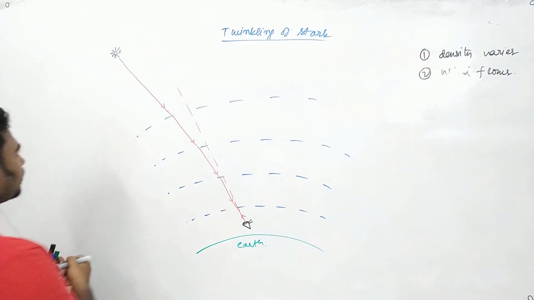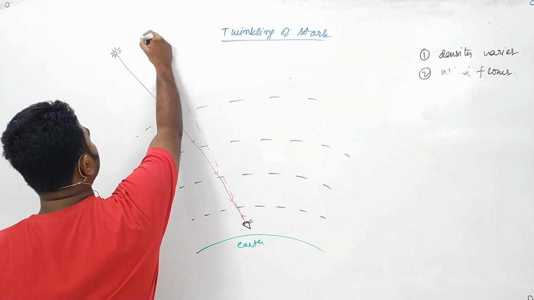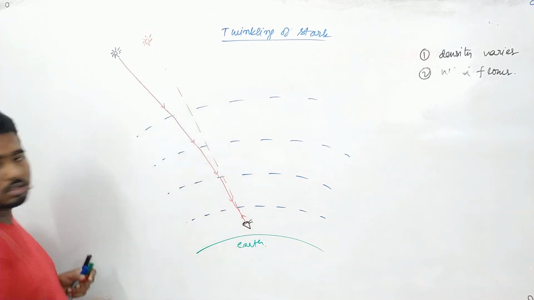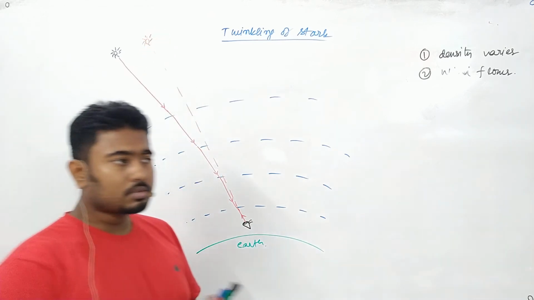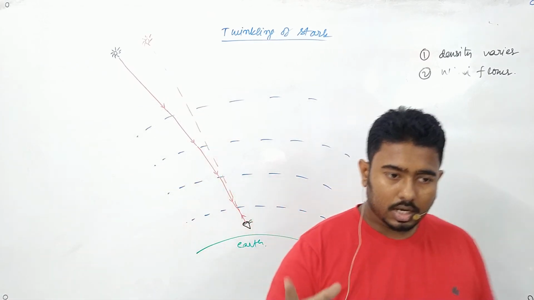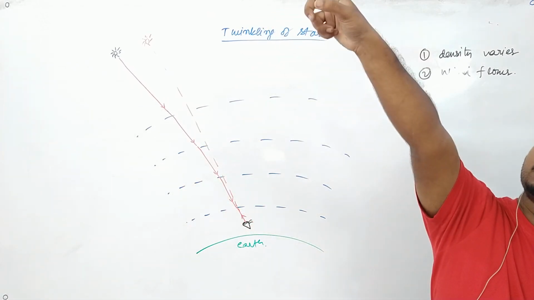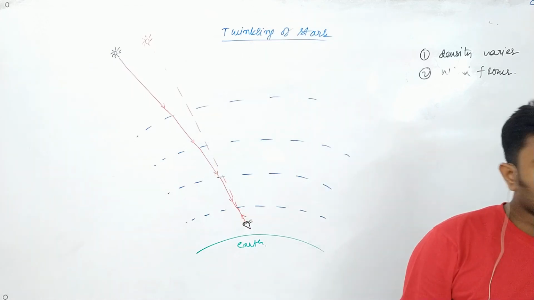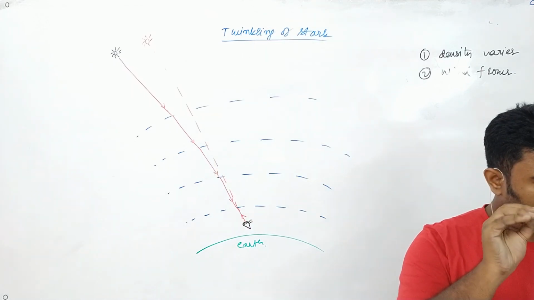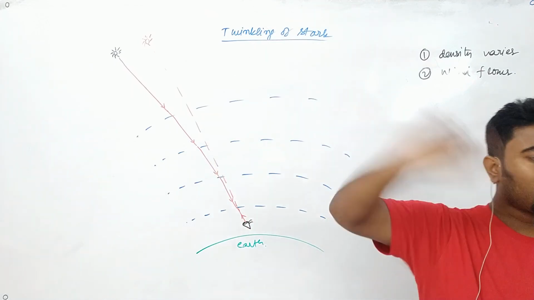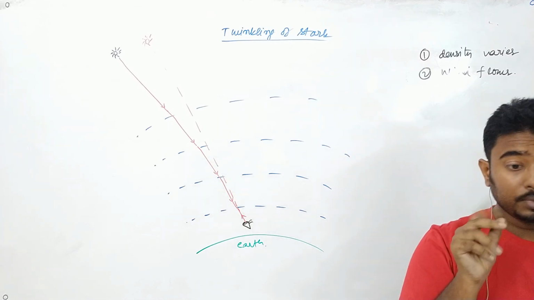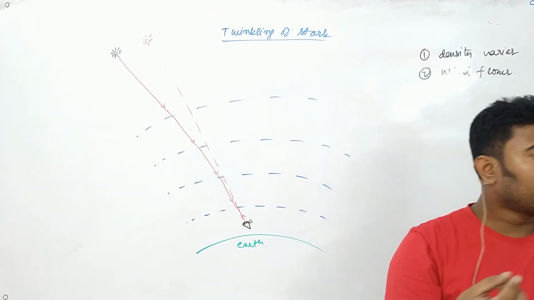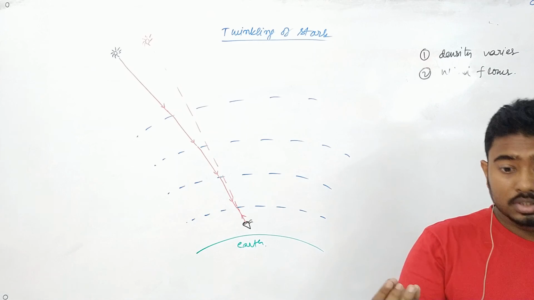If I draw it backwards, this will be the new position of the star. So it is highly possible that as we see the moon at a specific point, we will be seeing the star at a specific point, but it doesn't happen, it twinkles. Do we see the star at a fixed point every time? No, it twinkles. Sometimes we see it, sometimes we don't. That is why we say that it twinkles.